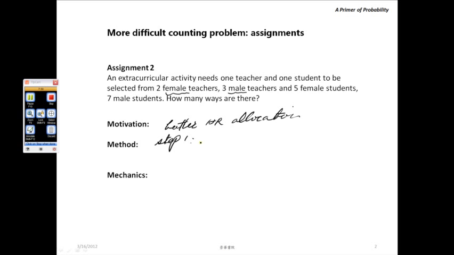And step 2 is to select 1 student from male and female students.